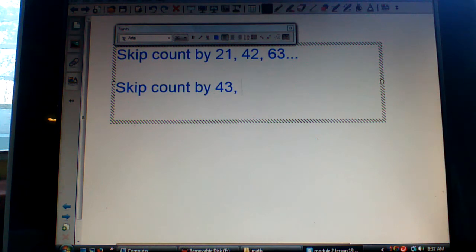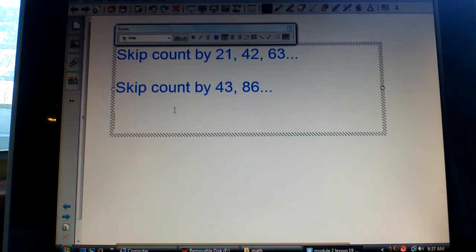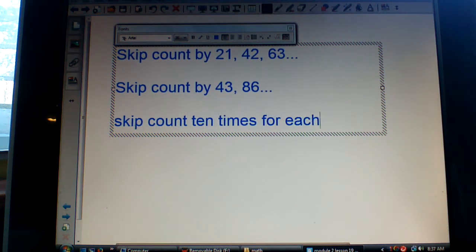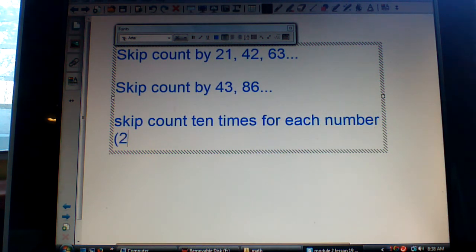Same thing for 43. The next number in this pattern would be 86. Because I'm skip counting by 43. So I start with 43, add 43, get 86, and so on. So your directions for this in your notebook is you're going to skip count 10 times for each number, 21 and 43.